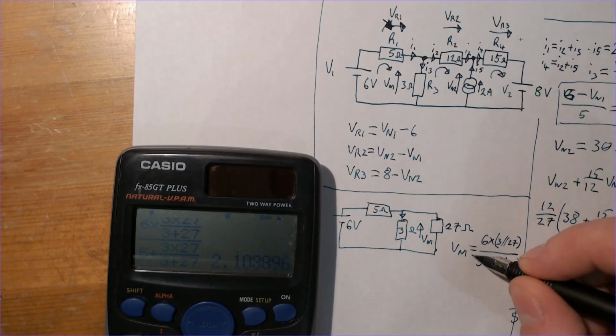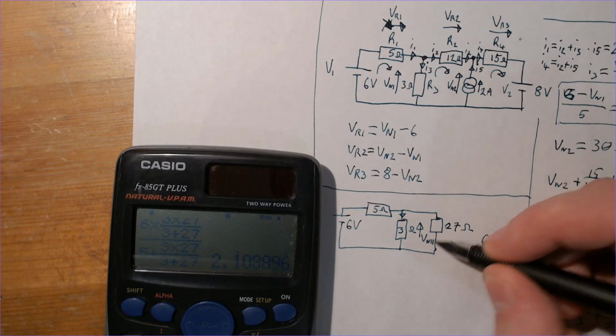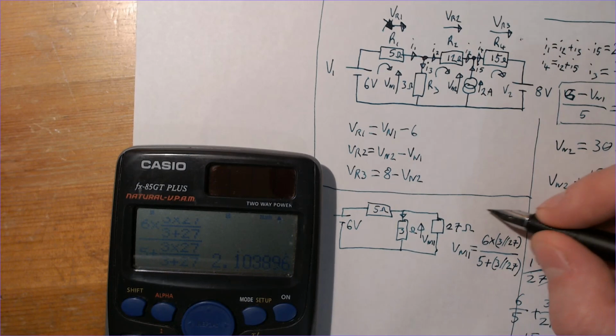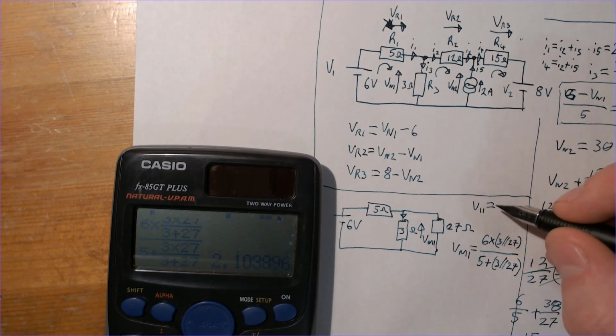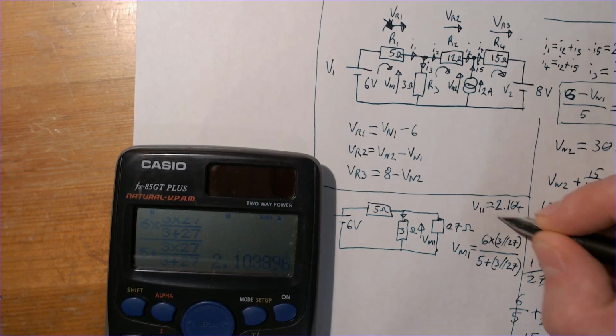So VN1 1, I'm going to call that because this is only the first stage, it's not equal to VN1 quite yet. VN11 equals 2.104 volts.